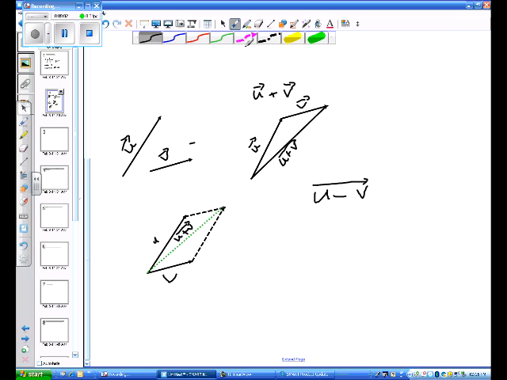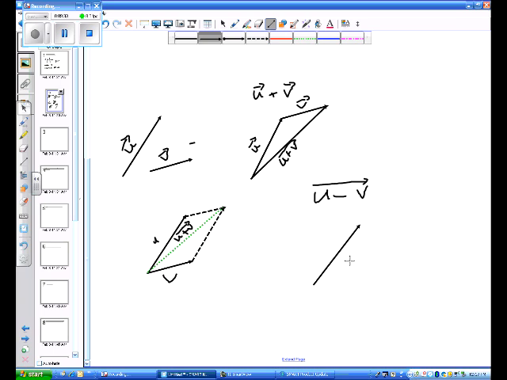We want that vector. So we would draw u. And I'm not measuring these, but just trying to get it about the same distance. Now, for minus v, what we do is we go the same magnitude, but we go the opposite direction.